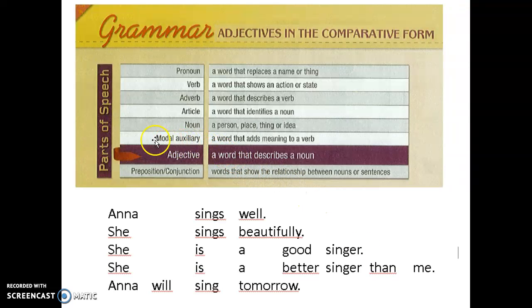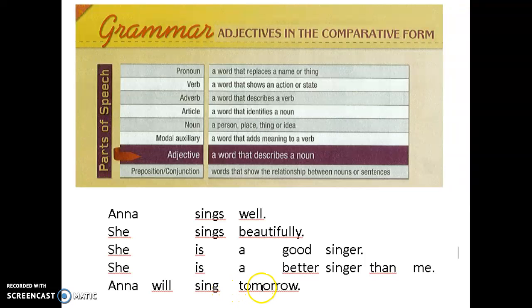In the next element here, a modal auxiliary. A modal auxiliary is a word that adds meaning to a verb. So when I say Anna will sing tomorrow, will is a modal auxiliary that tells me that this action is in the future.